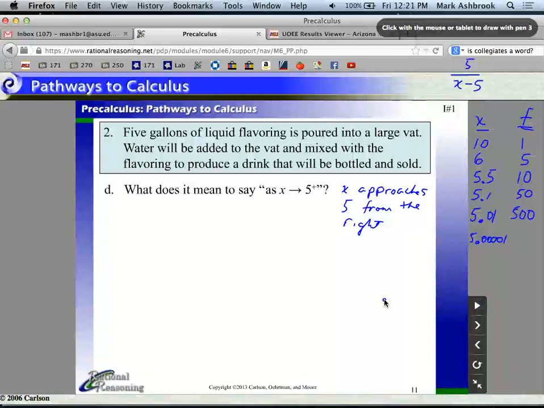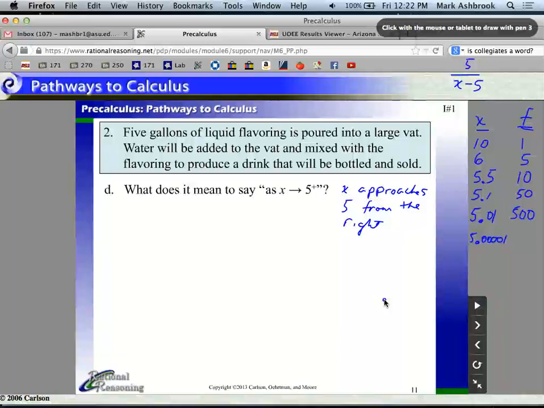Austin, you're up. Give it a shot. What does the number 500 mean, and why does it make sense when the input is 5.01? Ryan, tell me.